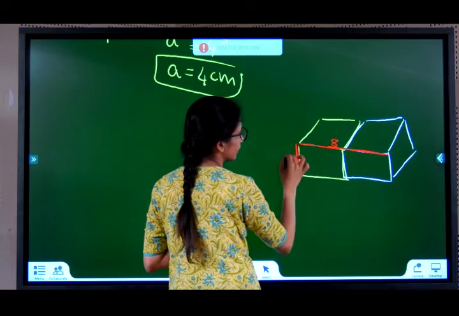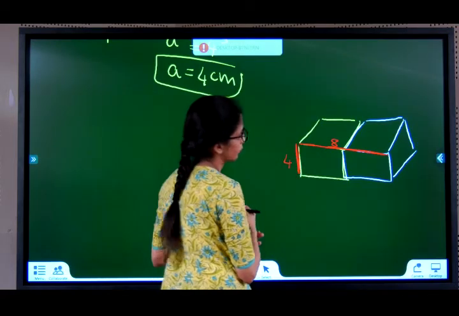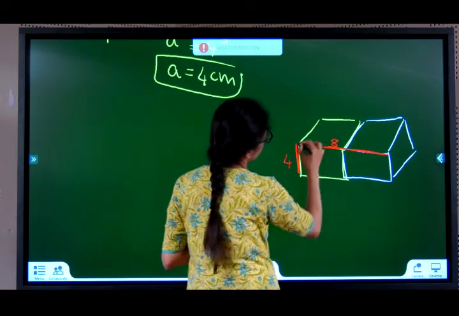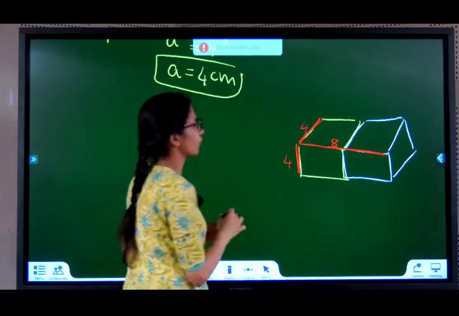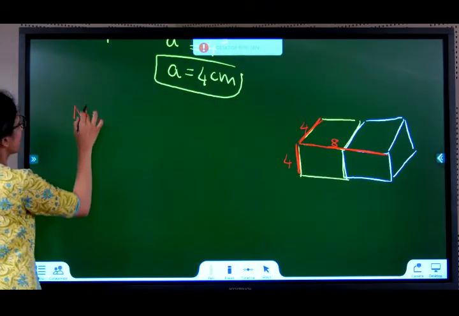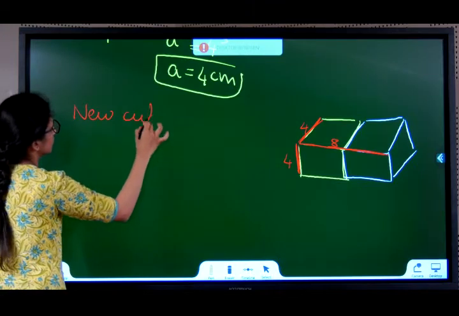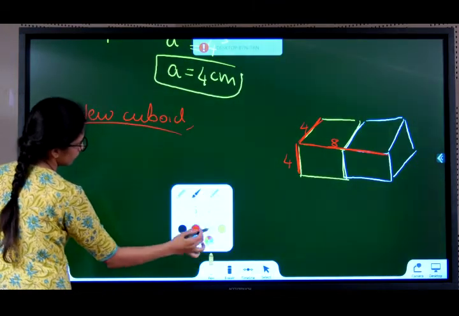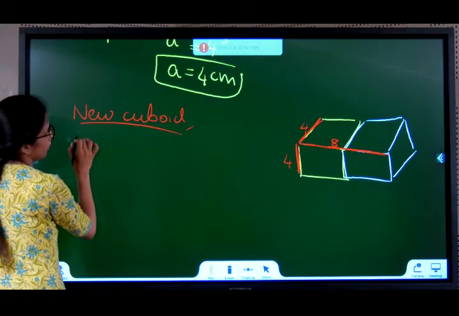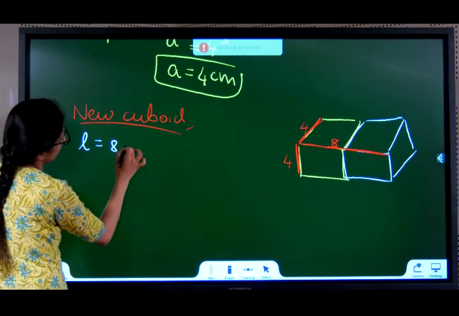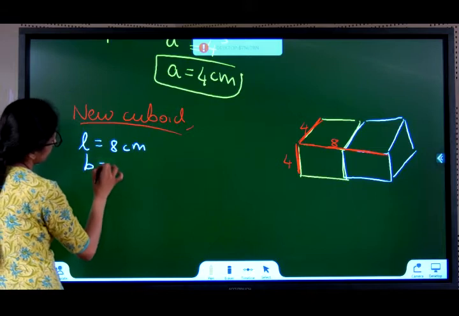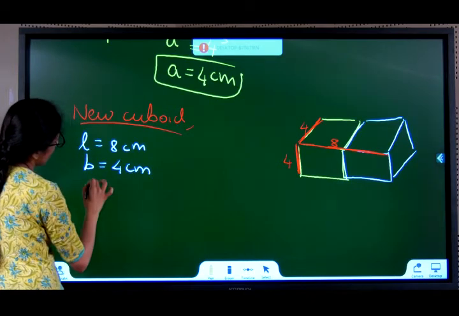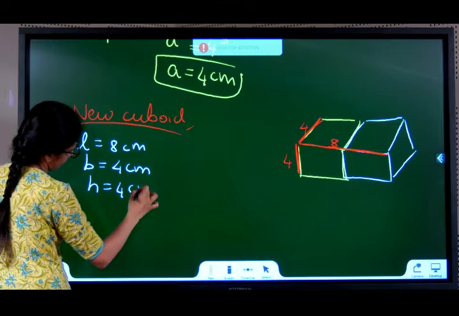This height, 4. Breadth, also 4. So the new cuboid has length 8 centimeters, breadth 4 centimeters, height 4 centimeters.